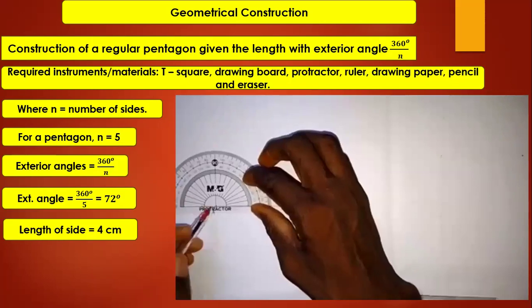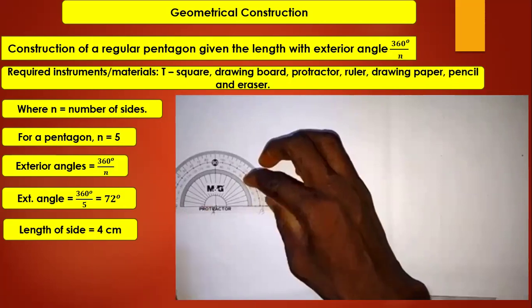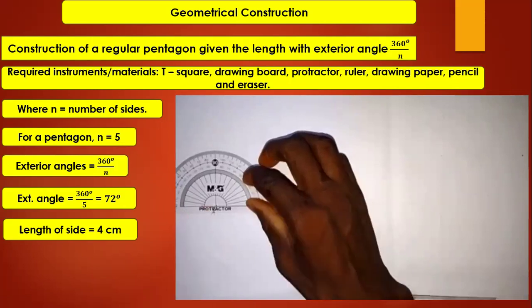This point is exactly on point A, and the horizontal line is on line AB. The exterior angle is 72 degrees. When you are reading from the left to the right, you follow the upper numbering on the protractor. So this is 70, then you count 2 lines, 1, 2, this is 72. You put a dot on the paper like this.